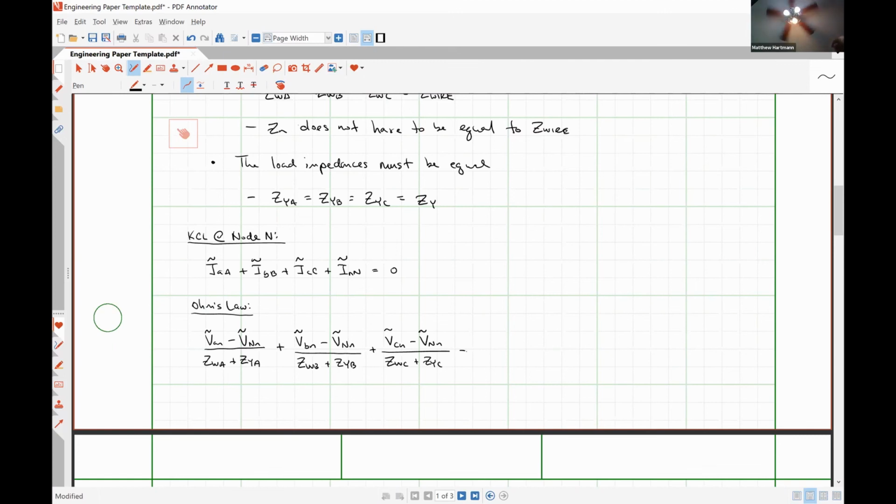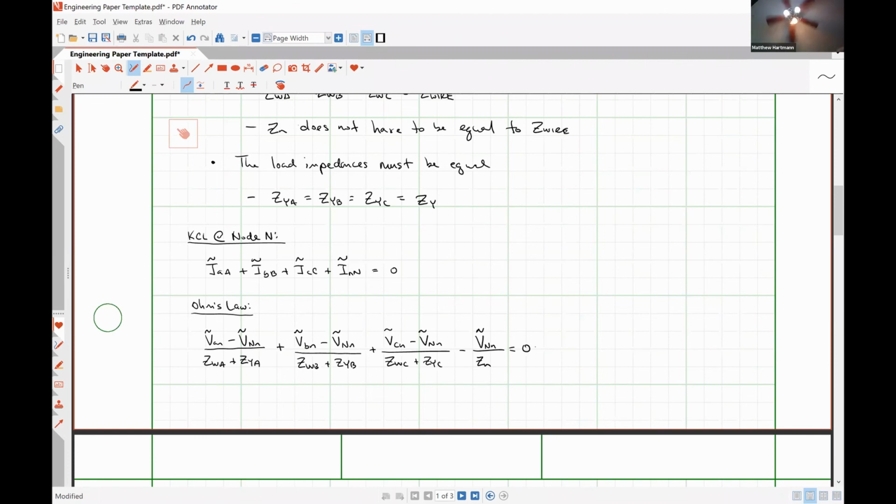And I'm going to do minus right here because I'm having everything in terms of V capital N lowercase n. And so V capital N lowercase n is the exact same thing as negative V lowercase n capital N. So if I switch the order of my subscripts, it's like changing the polarity of my voltage. So V capital N lowercase n divided by the impedance of our neutral conductor is equal to 0.